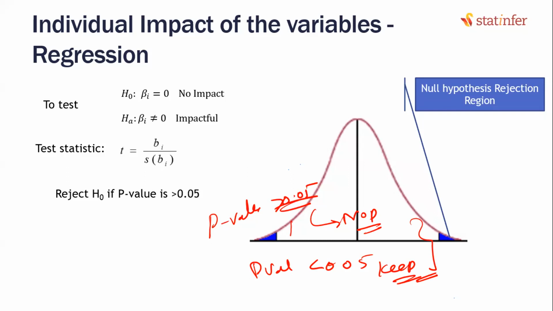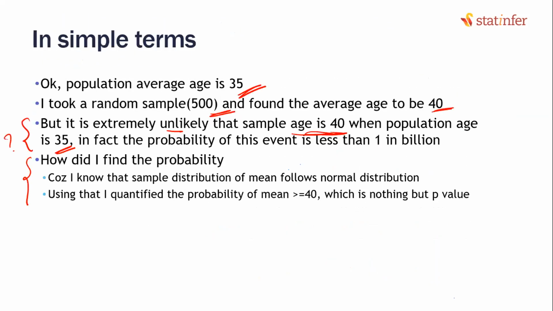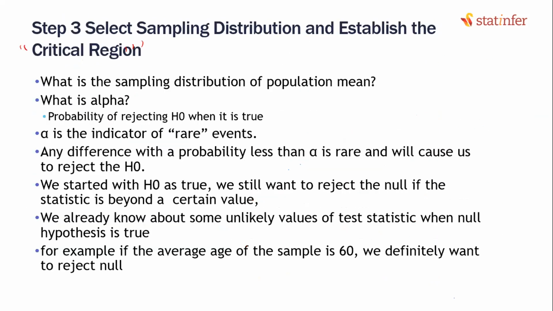So here in testing of hypothesis, though it looks complicated, it is a simple process. Whatever your population is, you take the population, and then you test it using a sample statistic. In this whole process comes the concept of sampling distribution. Where is the region where I'm going to accept?